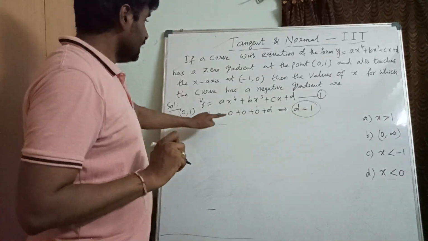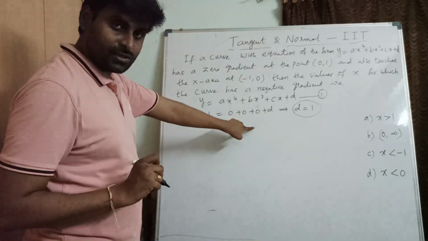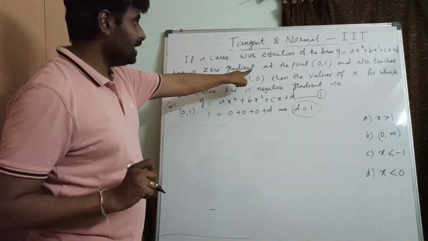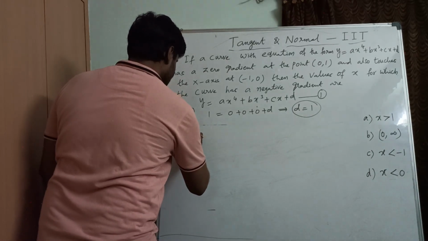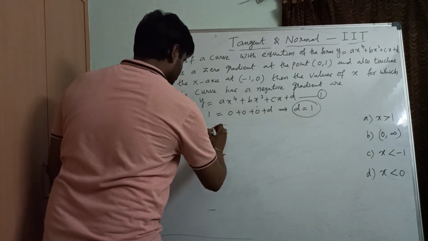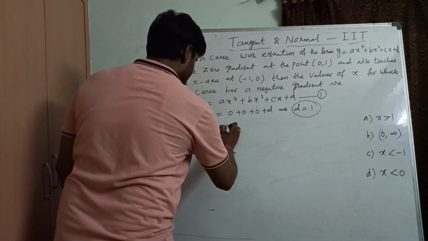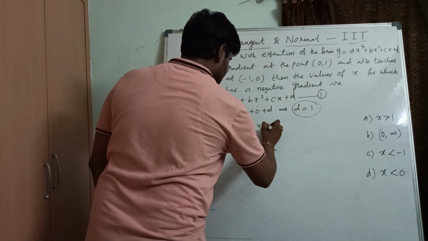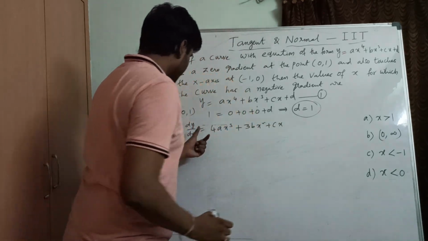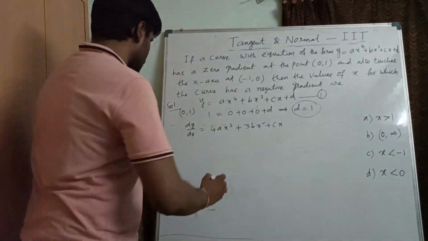Correct? After that, derivate this and equate to 0 because slope is 0 given at that point. So derivate this. So dy by dx. Right? So now what will you get? So 4ax cube plus 3bx square plus cx, and substitute this point equate to 0. Right?